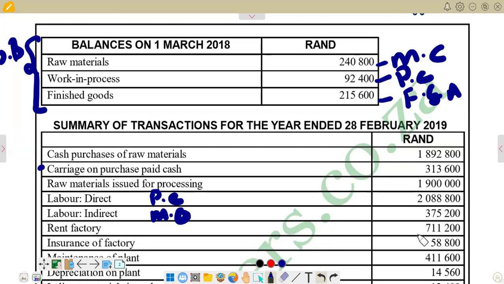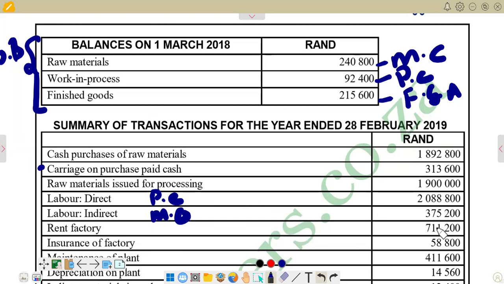Then after entering on the debit side of the rent account, we now transfer it to the manufacturing overhead. Remember, rent is a manufacturing overhead. So we are supposed to credit the rent account and then debit manufacturing overhead. You see that rent account is not asking questions. So we are just going to ignore the part of credit rent and just debit manufacturing overheads with the amount of rent that we are having here, which is 711,200.